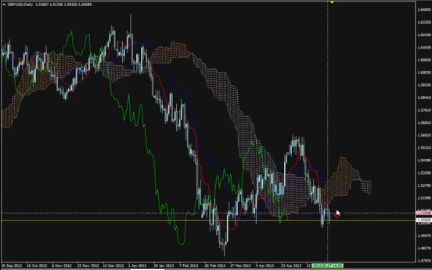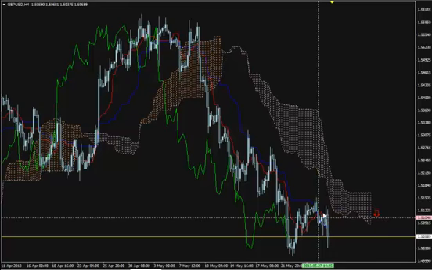We gave our short entry signal yesterday, and price went like this, and then today we started having this downtrend continuation.